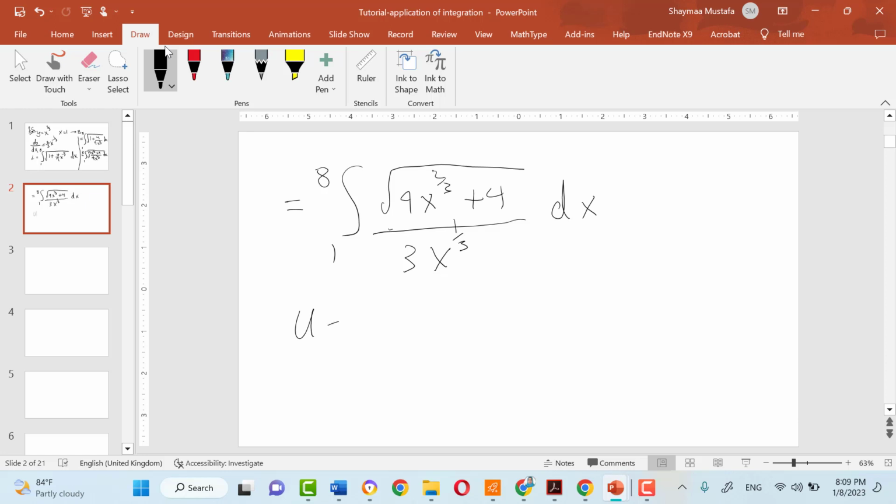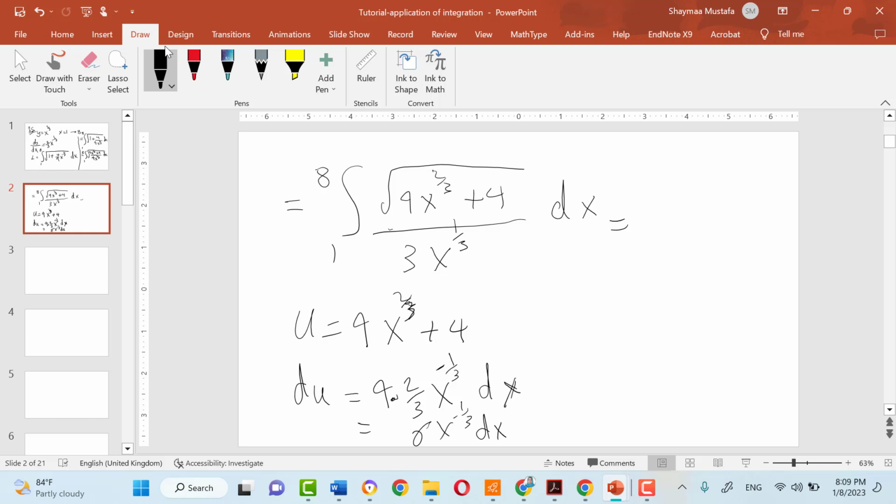So now you should have the substitution u equals 9x to the power 2 over 3 plus 4, then du will be equal to 2 over 3 x to the power minus 1 over 3 dx, which is 9 over 3, which is 3 times 2, which is 6 x to the power minus 1 over 3 dx.